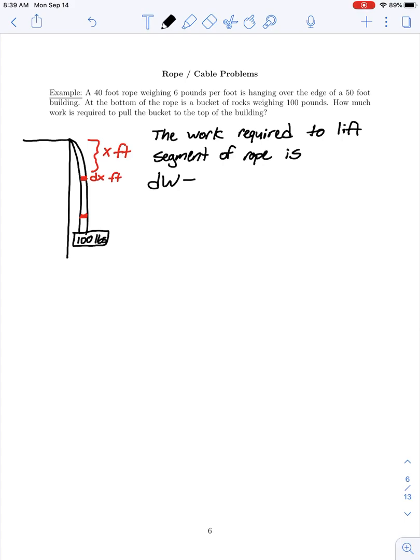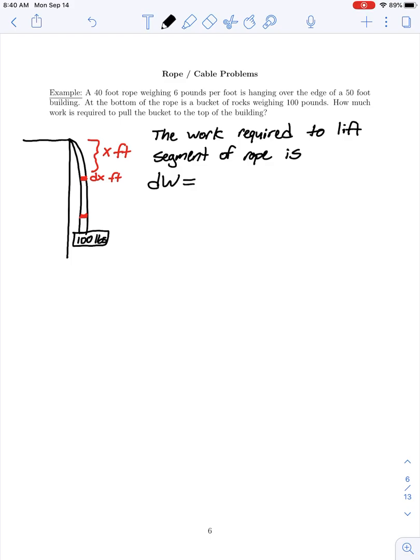And let's think about how we could calculate this. So there's two things I need to determine work. I need the force required to move this section of rope, which would be equivalent to its weight, and then I need the distance traveled, the distance that section of rope will travel to get to the top of the building, which we've already labeled as x feet.